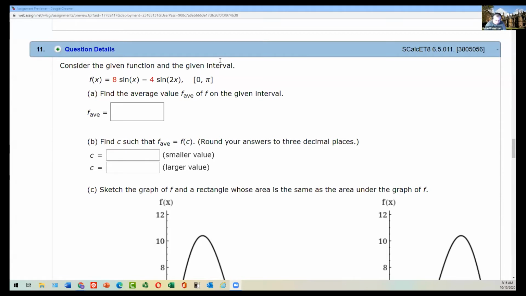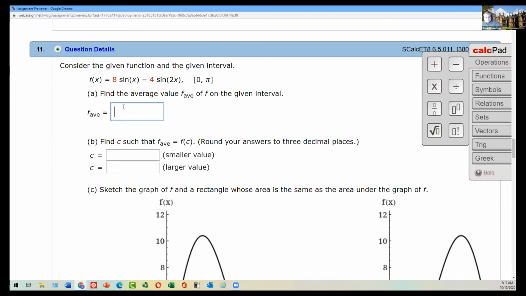Well, the next question: 8 sine x take away 4 sine 2x, and we are going to find its average value. Now, in that question there, aren't you going to have to integrate 8 sine x, take away 4 sine 2x? Okay. So let's look at that one.